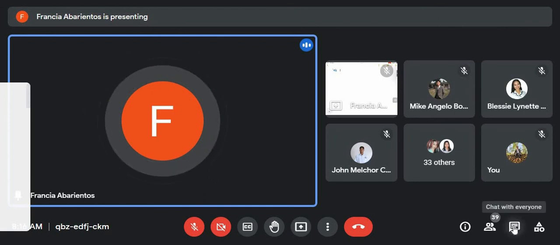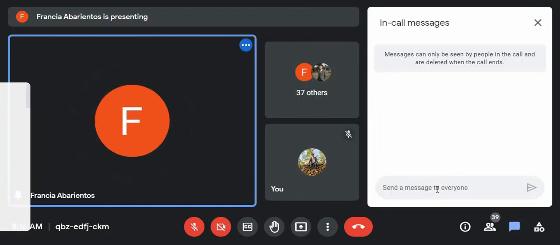Table 1 natin, class, is the saturation pressure. Temperature is table 2, the saturation temperatures.